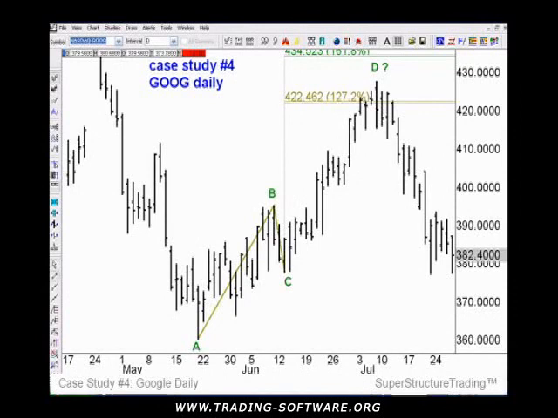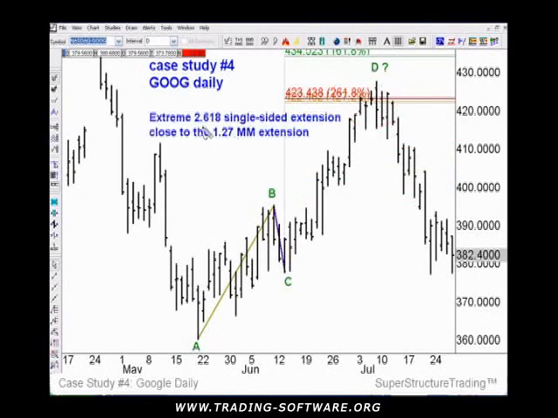Now let's do a single-sided extension off of this range, BC. We want to look at the extreme, and the extreme means the 261% extension, single-sided. As you can see, the 261.8 single-sided extension is very close to the 127% area, right about there.